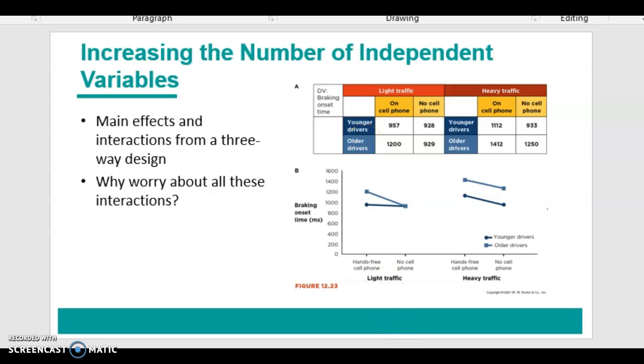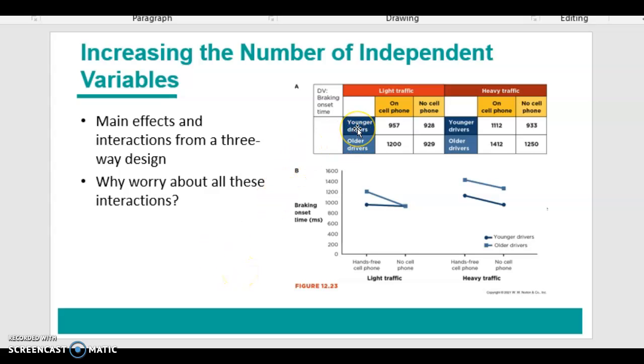So now we have a 2 by 2 by 2 factorial design. Remember, the blanks let us know how many independent variables we have. So blank by blank by blank lets us know that there are 3 independent variables. Then the numbers in the blanks let us know the levels.